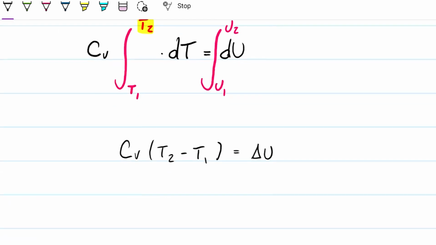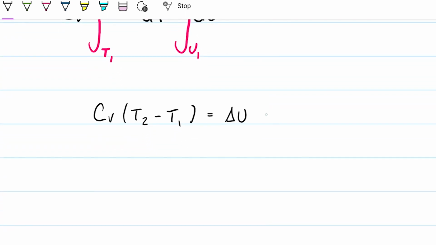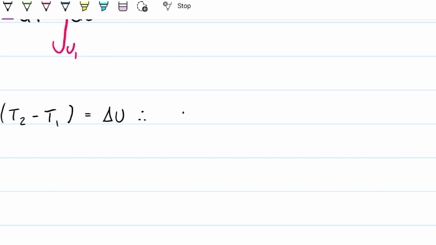So the only unknown here is the temperature, right? So therefore T2, which is what I'm looking for, minus 300 Kelvin will be equal to 80 kilojoules divided by 0.312.